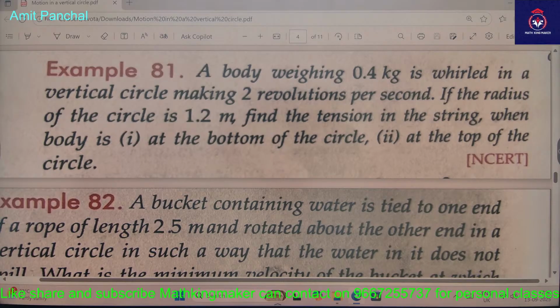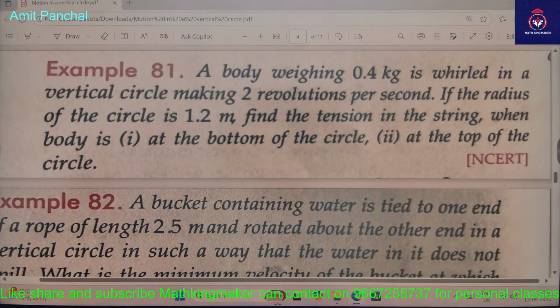The question asks to find the tension when the body is at the bottom of the circle and at the top. If we are talking about the bottom, we need to take the bottom velocity. If we are talking about the top, we need to take the velocity at the top. But it will come as the same velocity for top and bottom, right? It will be different.